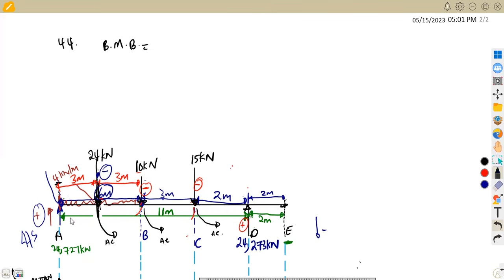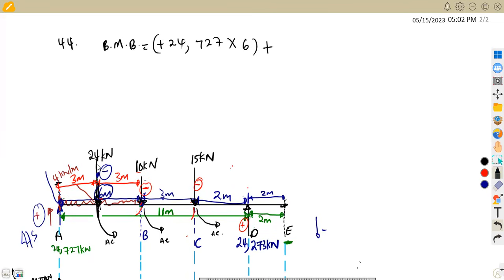So this is going to be positive. A is going up, that is a positive 24,727 times the distance to the point B. So from A to B, there's a distance here of 6 meters. So we multiply by 6, okay?